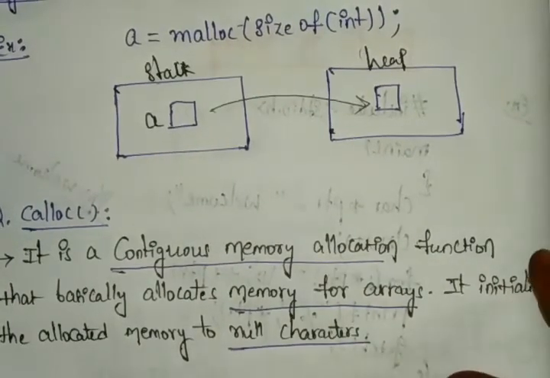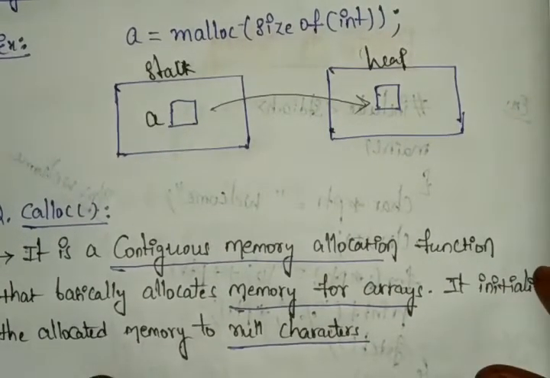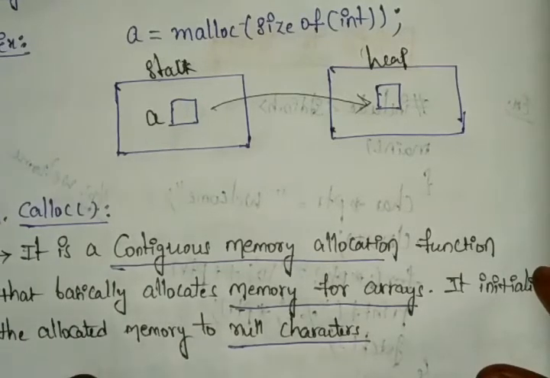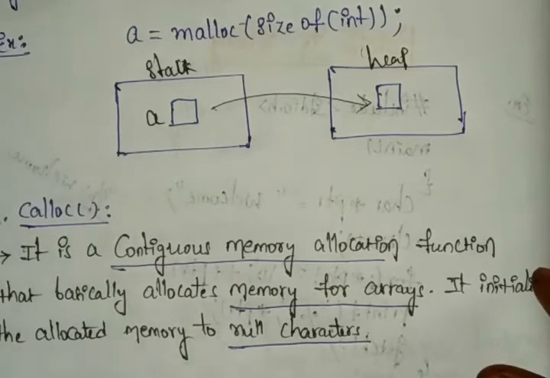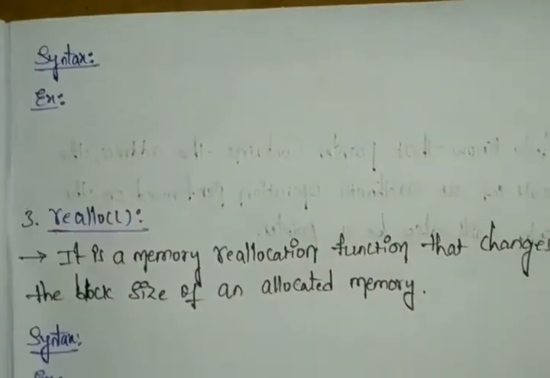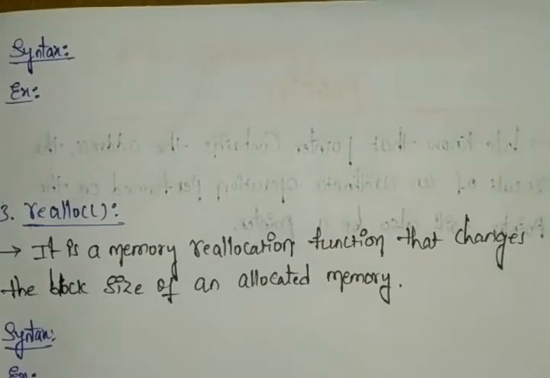Whatever memory you allocate into the arrays is initialized with null characters. Okay, so just see the syntax to define calloc.